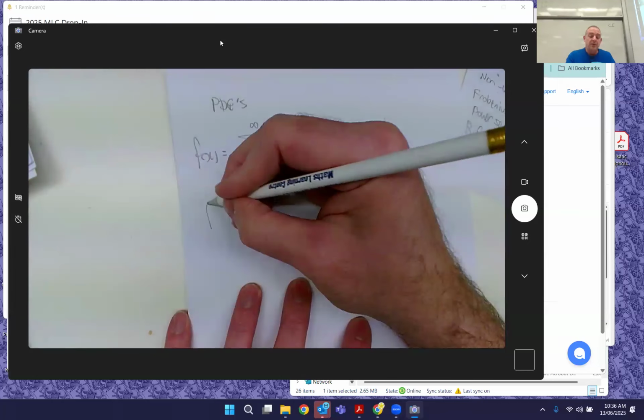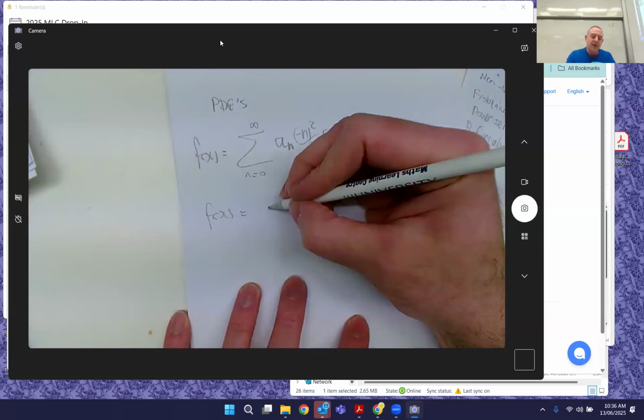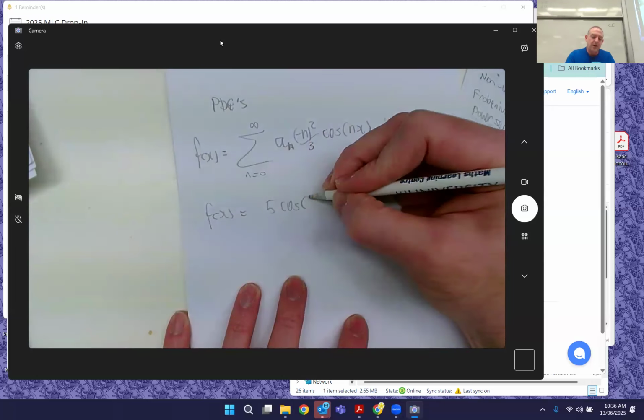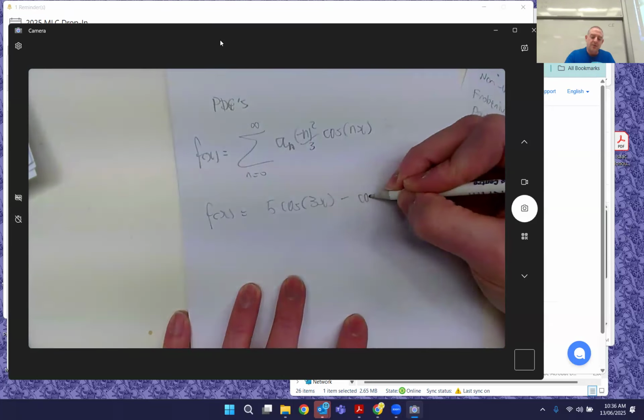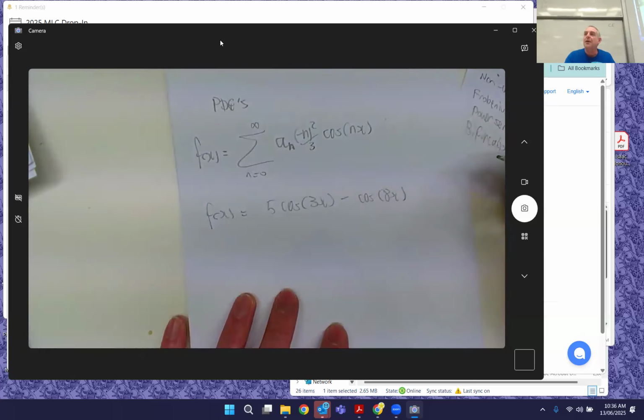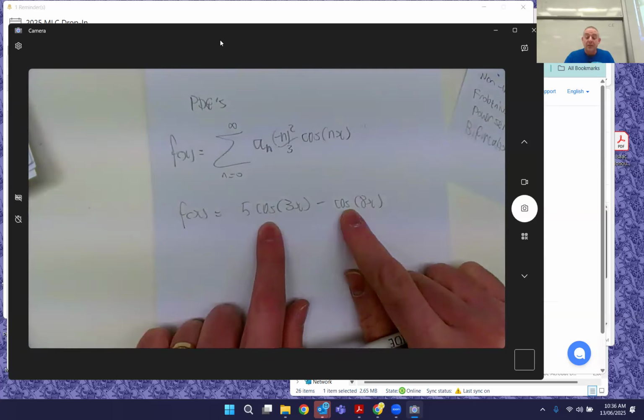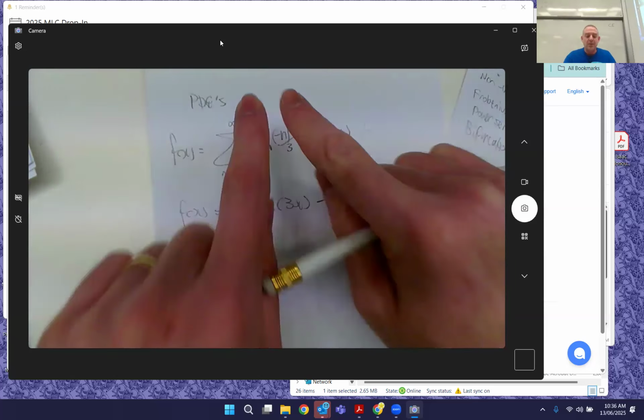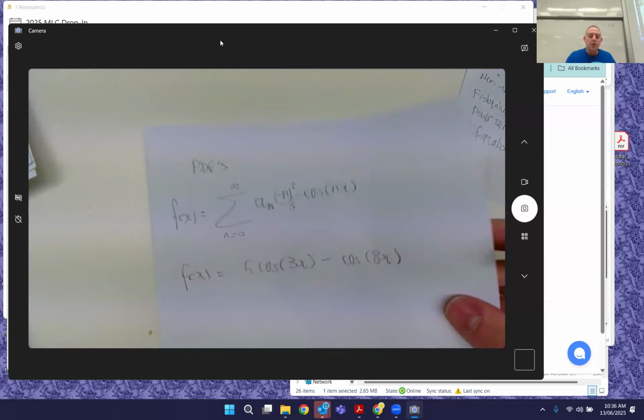And then you were separately told at an earlier point that f of x is like 5 cos of 3x minus cos of 8x or something stupid. This is a Fourier series, and this is a Fourier series. So you can just match up the coefficients and go, oh, right, cool.